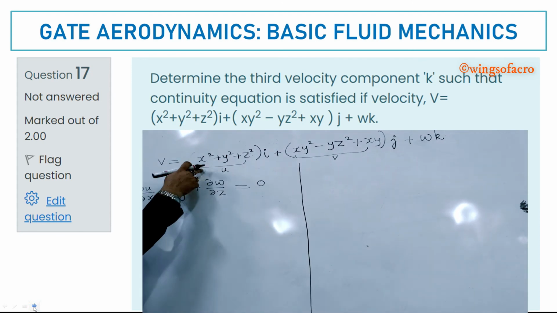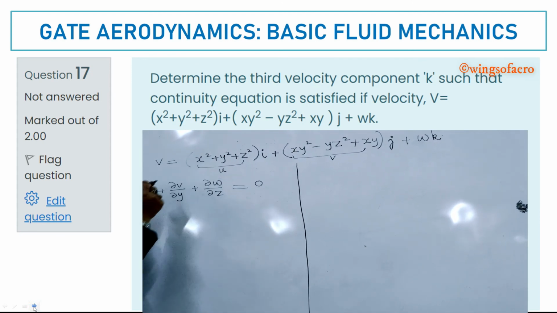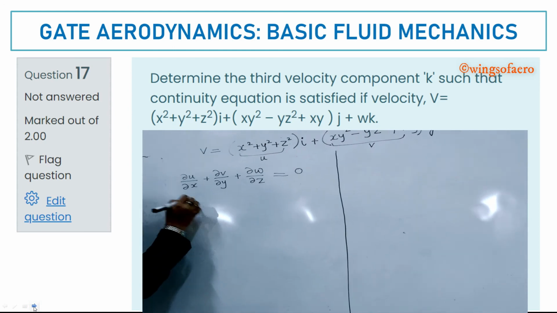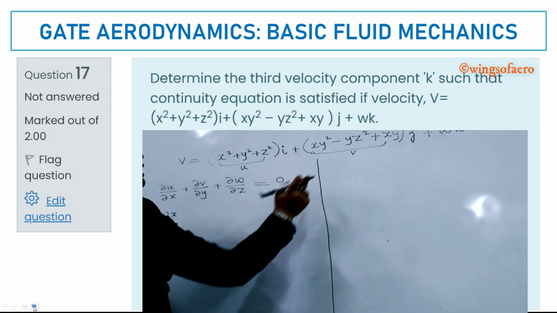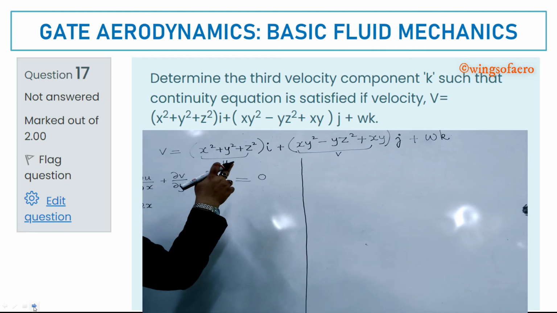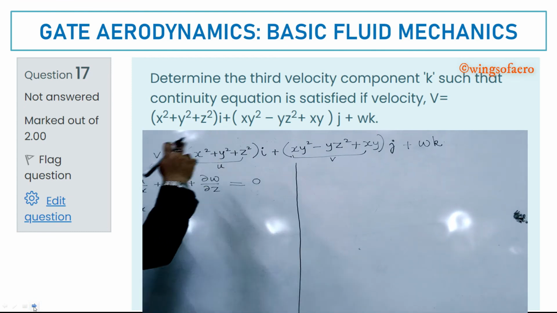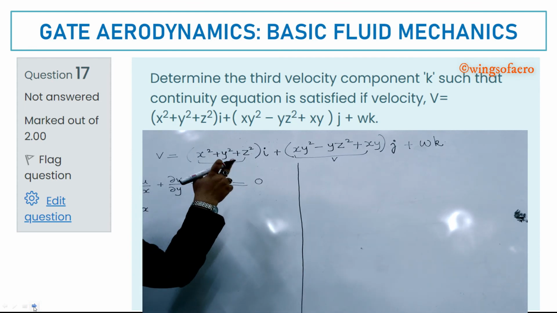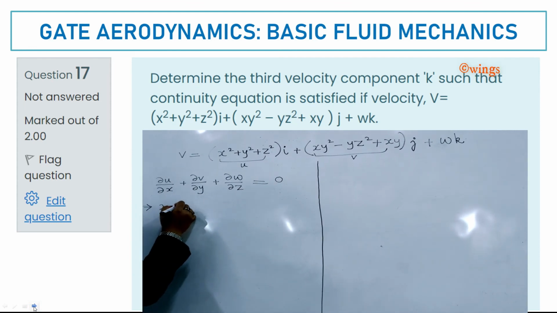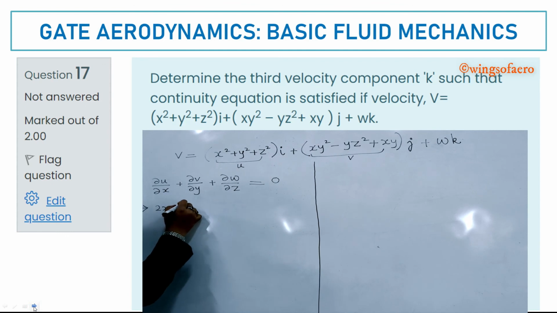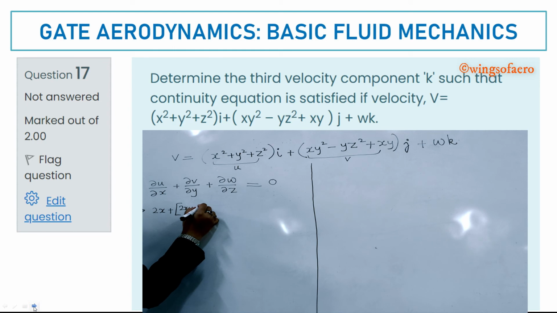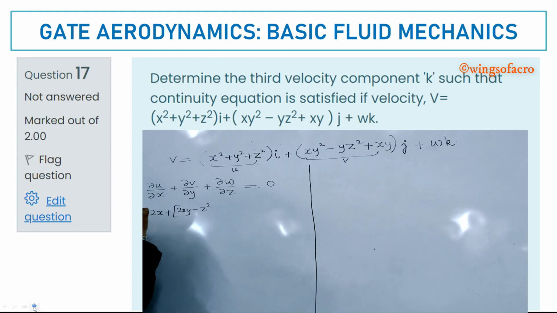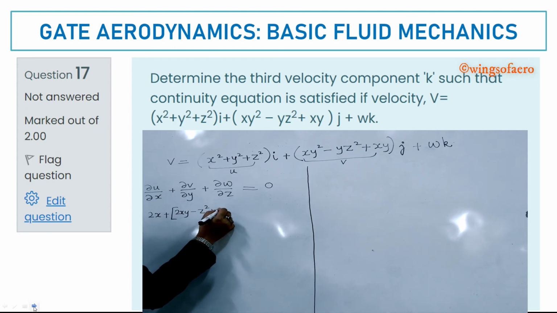Now if I partially differentiate u with respect to x, what will I get? 2x, and the other term will become 0. Now look at the v component, which I differentiate with respect to y. I will get 2xy minus z square plus x.